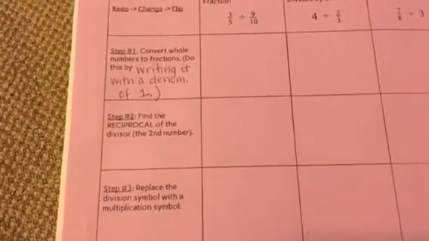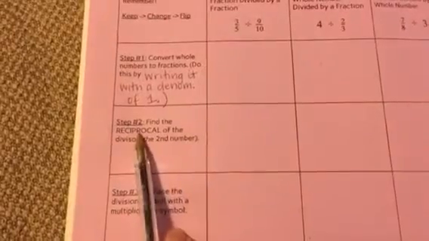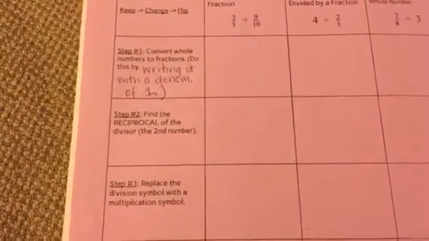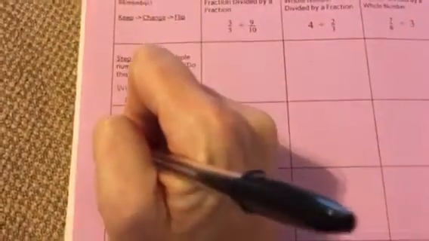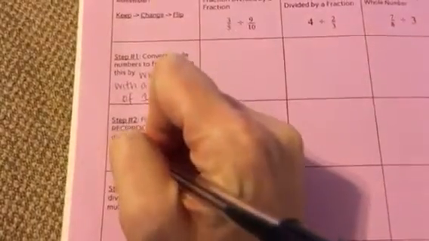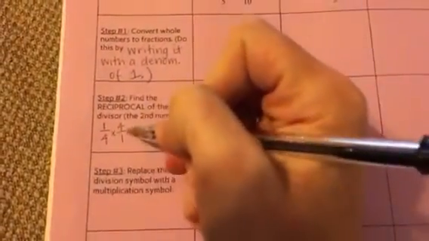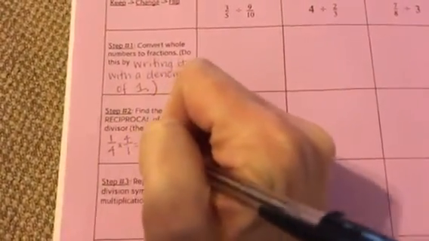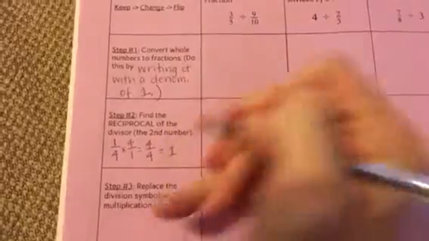Step 2 says find the reciprocal, and if you have been following along with the activities that we've been doing the last little bit in class, then you know that a reciprocal is a number that when you multiply it by a fraction, it gives you a product of 1. So the reciprocal of that number ends up looking something like this, because if I have 1 over 4 and I do 4 over 1, 1 times 4 is 4, and 4 times 1 is 4, and that equals 1.